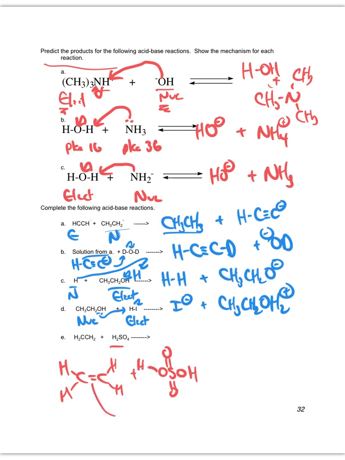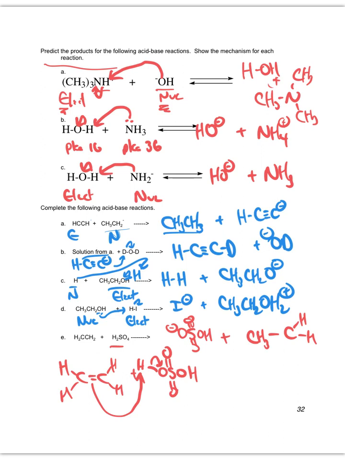So all that's going to happen in this is the double bond's going to go grab the hydrogen off of the sulfuric acid. So we're going to have the bisulfate ion with 1 negative charge, and then we put a hydrogen on one of the carbons of this, so we're going to have a CH3 bonded to a CH2.